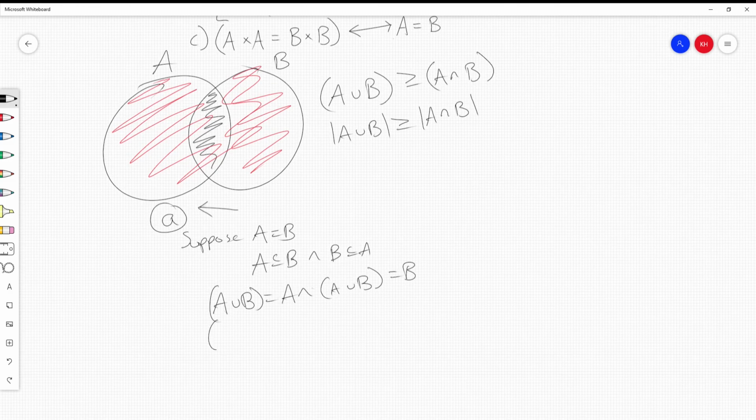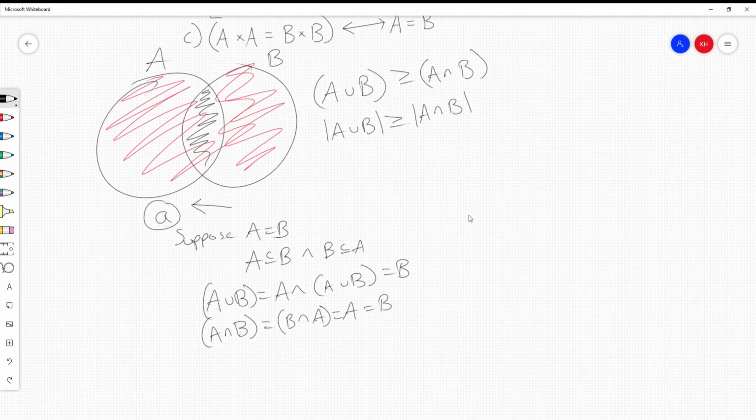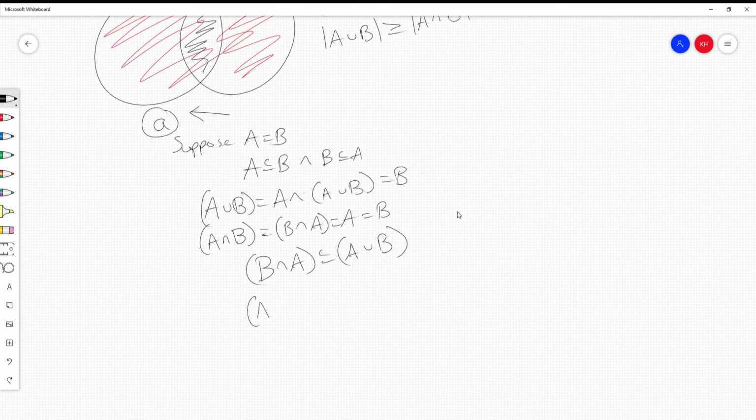And then additionally, A intersection B is equal to B intersection A, is equal to A, which is also equal to B, in this case, assuming that A is equal to B. So in this case, and this is the only time we can say this, B intersection A is a subset of A union B, and A union B is a subset of B intersection A.